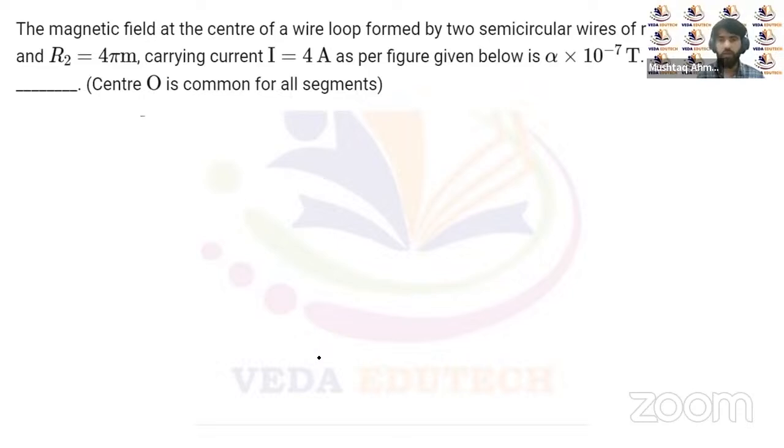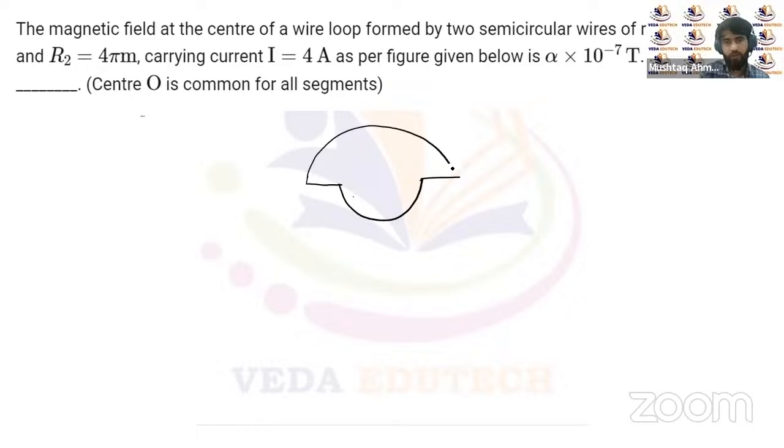Let's move on to the next similar question. The magnetic field at the center of a wire formed by two semicircular wires R1 and R2. The situation is like this. Let's suppose this is the first semicircular wire, and this will be the second semicircular wire.